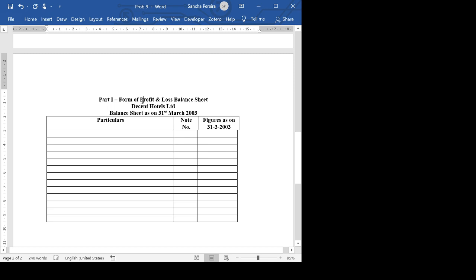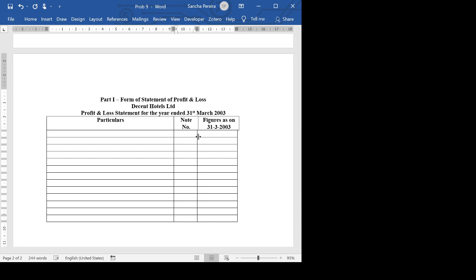Form of, they put it as statement of profit and loss. Decent Hotels Limited. Profit and loss statement for the year ended 31st March 2003.